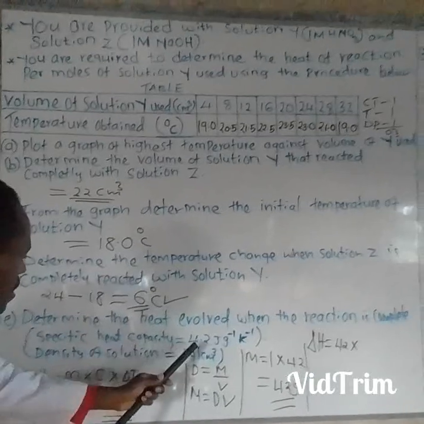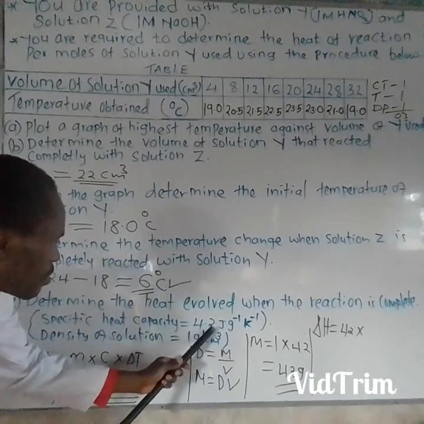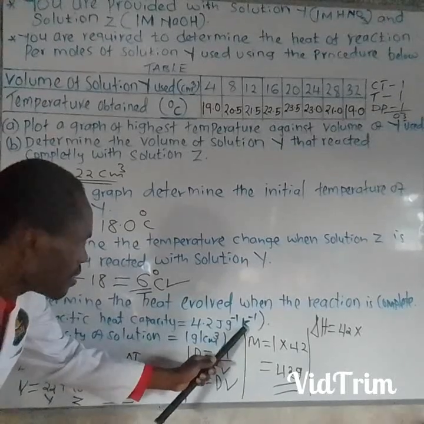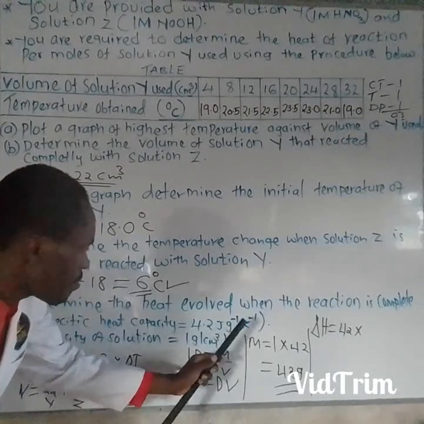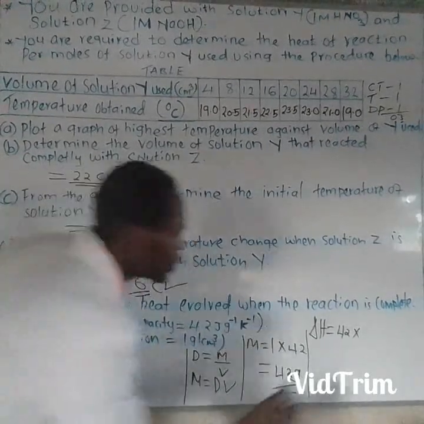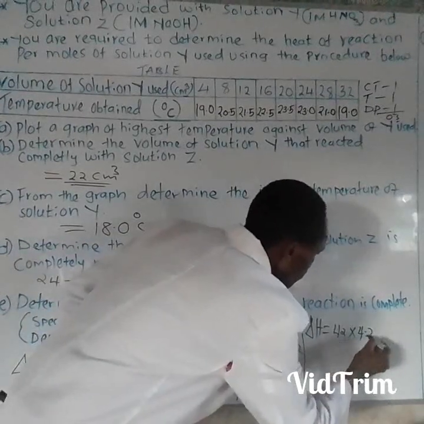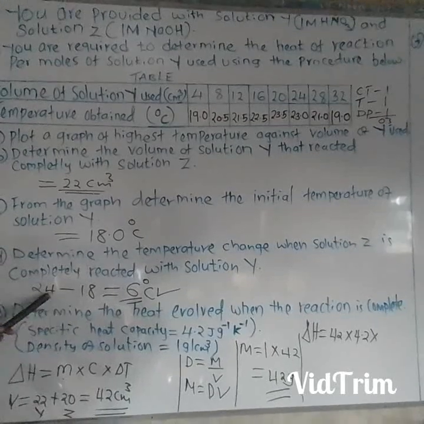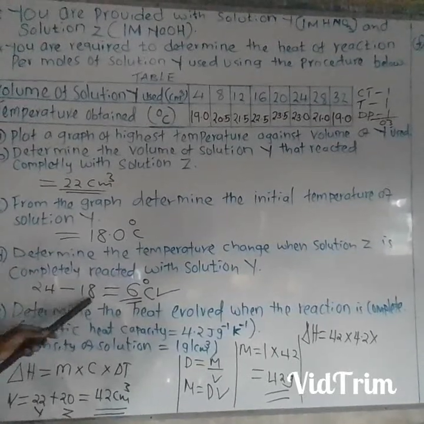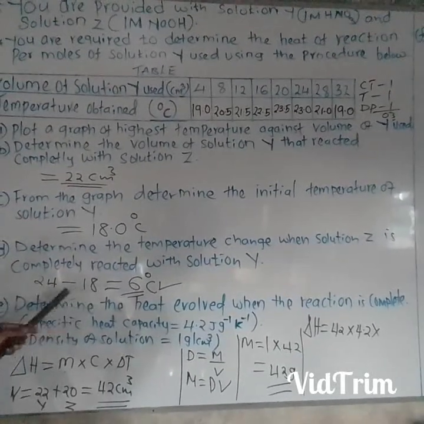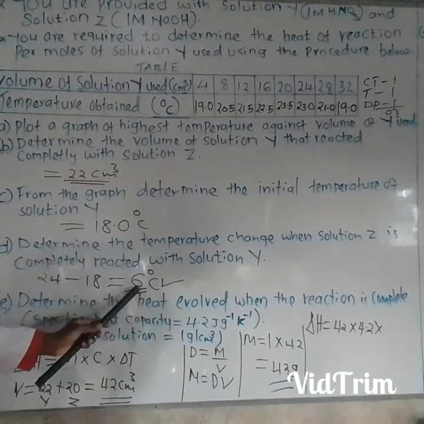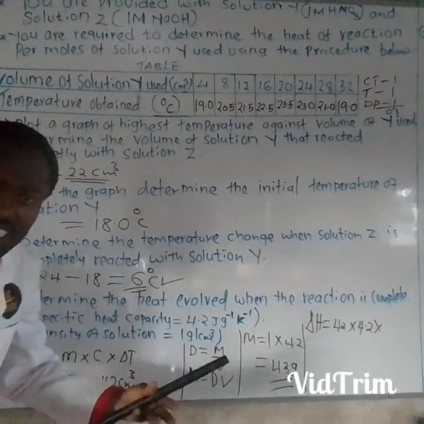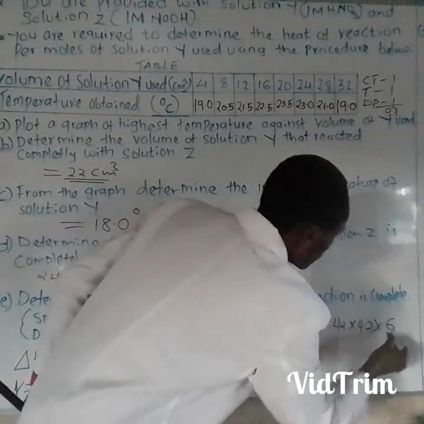Specific heat capacity is 4.2 joules per gram per Kelvin, so 4.2 times the change in temperature, which is 6 degrees Celsius, same as 6 Kelvin. Is it okay? So times 6.